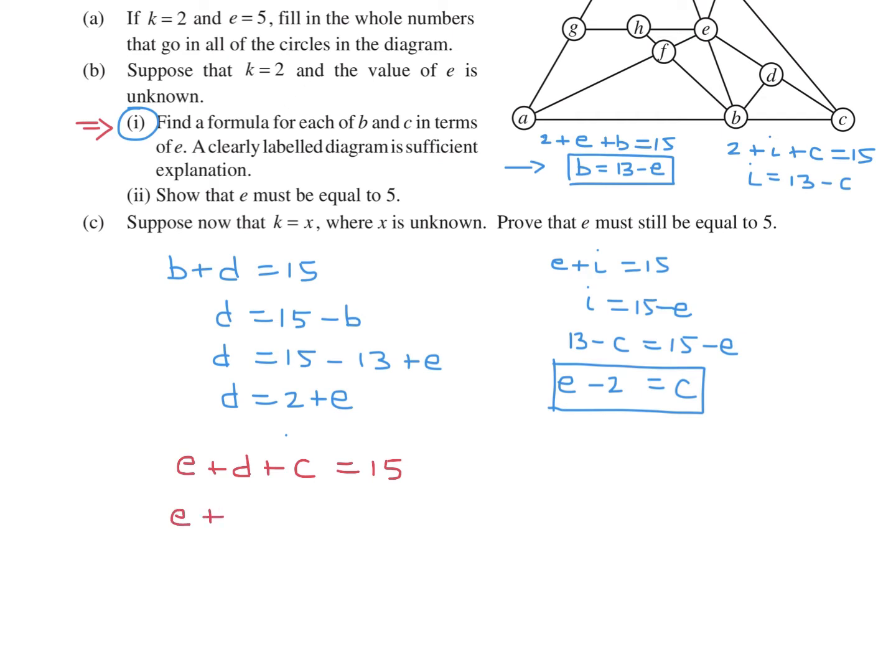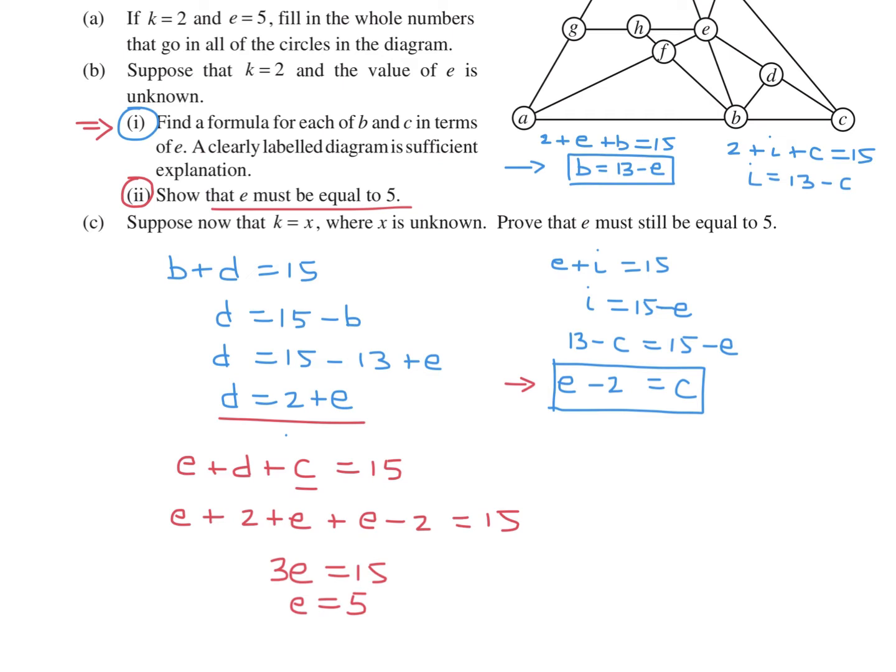E plus D, where D we just got was 2 plus E, and then C we have over here is E minus 2, and that's all equal to 15. So this looks like 3E is 15, and therefore E is equal to 5. And that's what they wanted you to show in part 2. Now we get to part C.